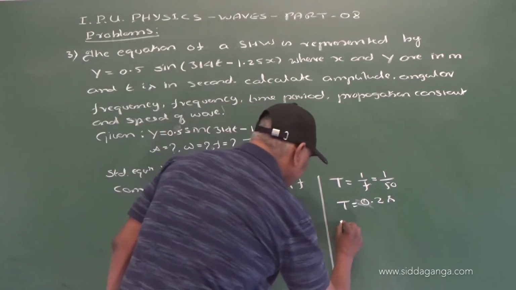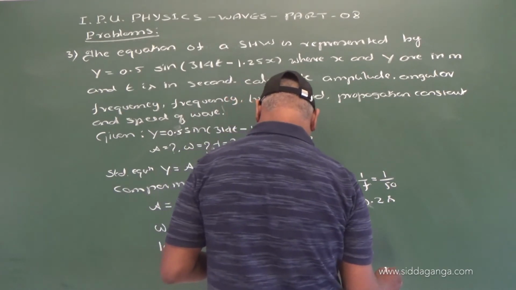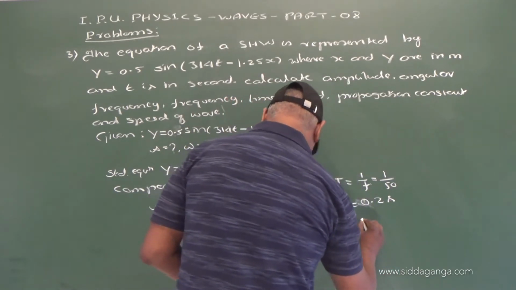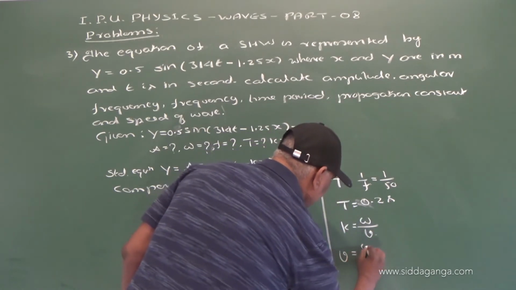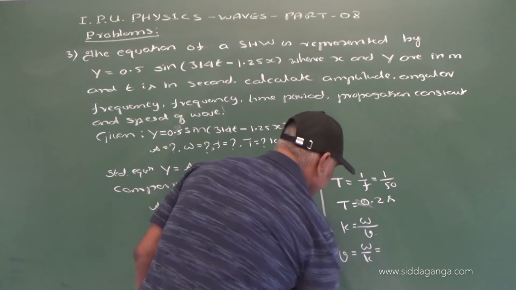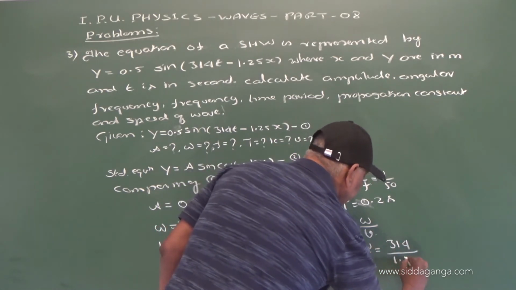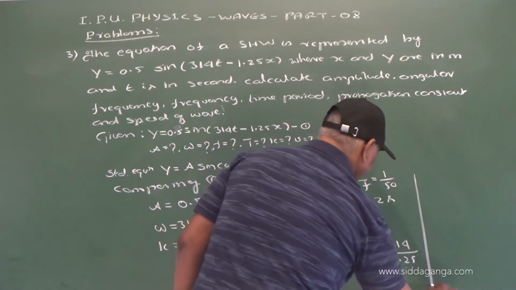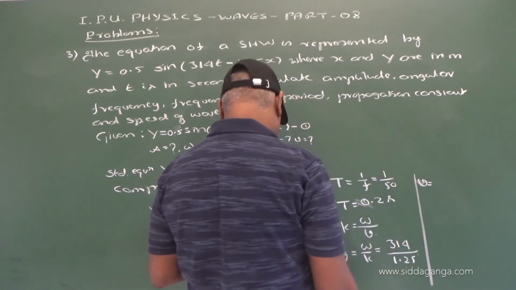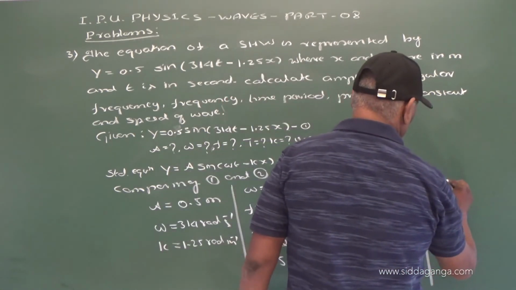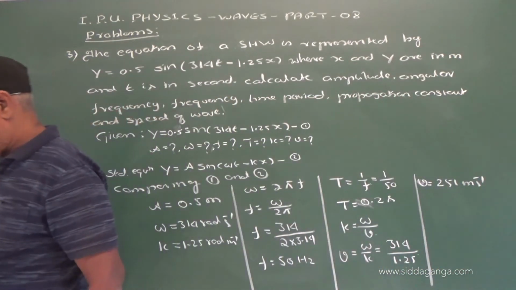We have k is equal to omega by v, or v is equal to omega by k, that is 314 divided by 1.25. So we get that wave velocity v is equal to 251 meter per second.